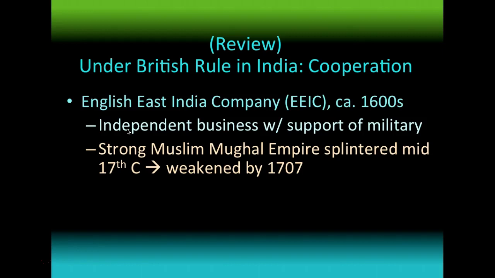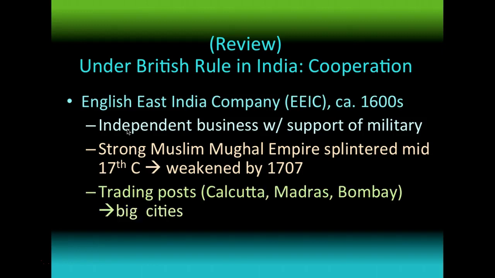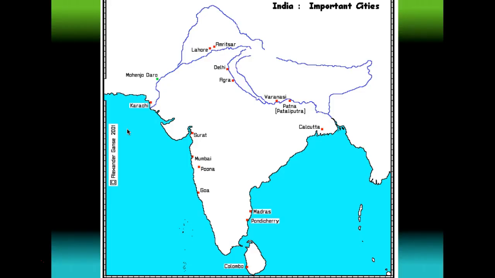Who comes in and influences in a much stronger way? The EEIC, again, a private company, an independent business. And they set up trading posts originally in places like Calcutta and Madras and Bombay, which used to be called Mumbai. And these end up becoming big cities. The trading posts, again, are originally just military supporting a business. It's not women and children, but eventually these trading posts end up becoming really big cities, under the control of the EEIC.